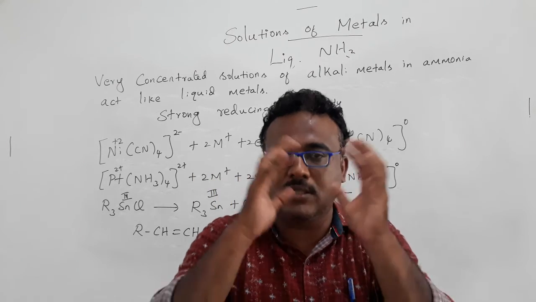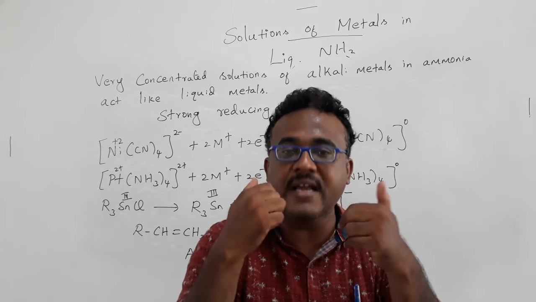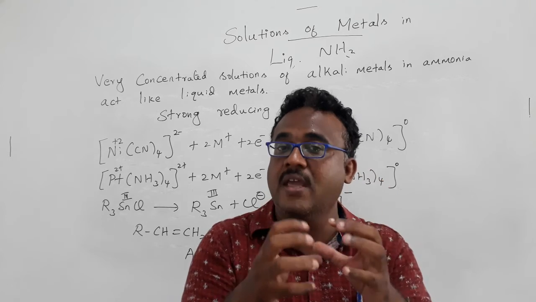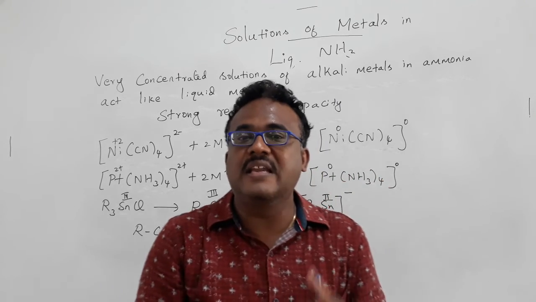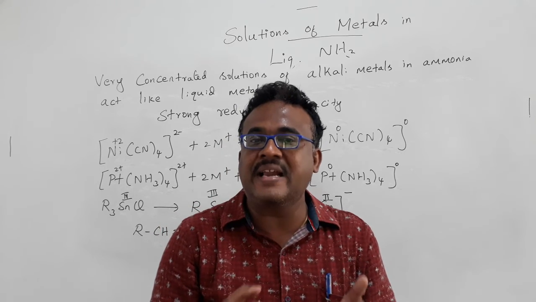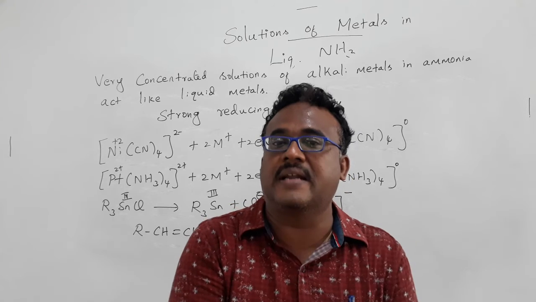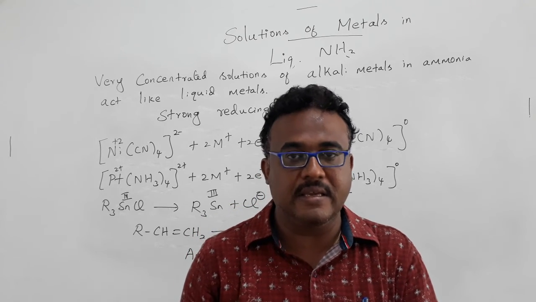I mean, a solvent cage, an ammonia cage, having metal and electrons. Now one cage having both metal and electrons exists in the same cage. That's why it will have the property of metal in metals.